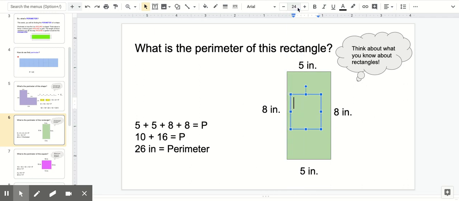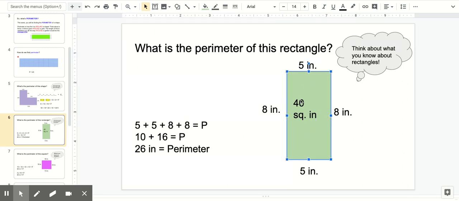Think about that. We talked about using our multiplication to find our area. So 8 times 5, I love a 5, 5, 10, 15, 20, 25, 30, 35, 40 square inches is the area. That's really different than 26 inches being the perimeter.